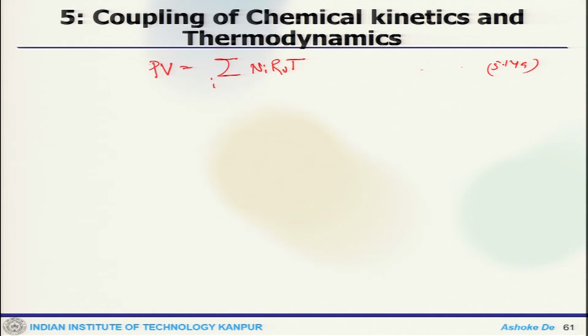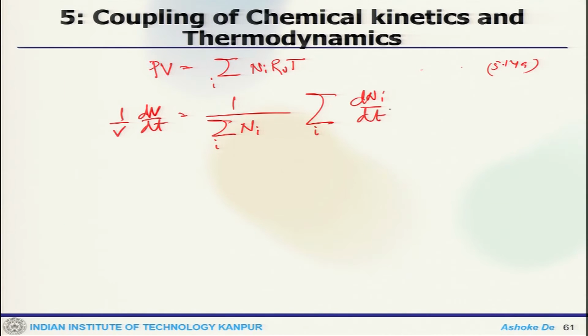So, if you differentiate this equation and rearrange, we get 1 by V dV by dt equals 1 by the sum over I of N I times the sum over I of dN I by dt, plus 1 by T dT by dt.